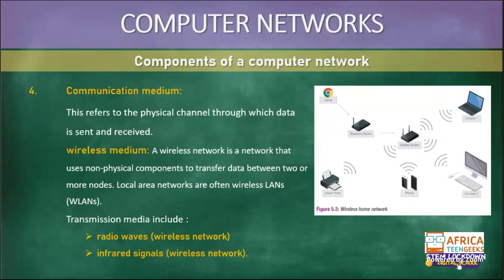There is no need for cables if you are using wireless. Local area networks are often wireless LANs. Then you can say it's WLAN, which is wireless LAN. Then the media includes radio waves and infrared signals.